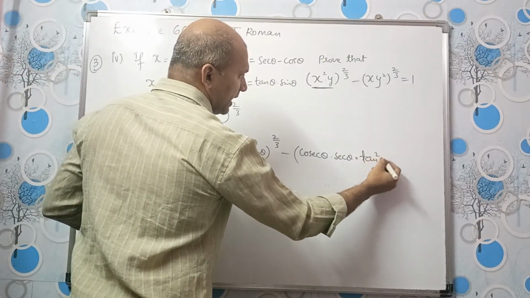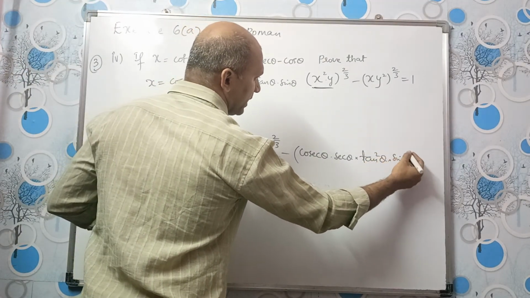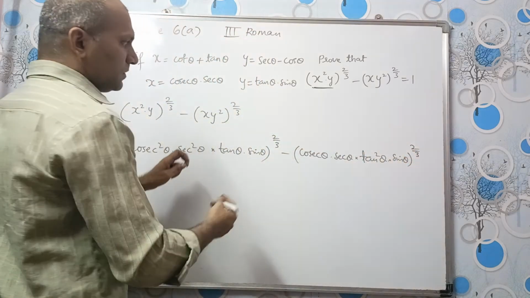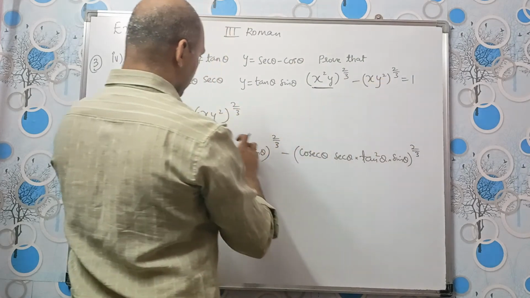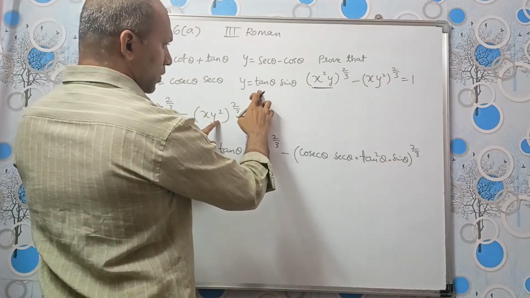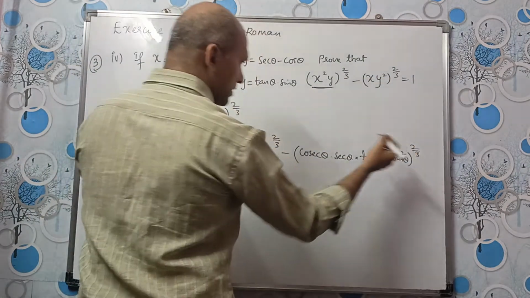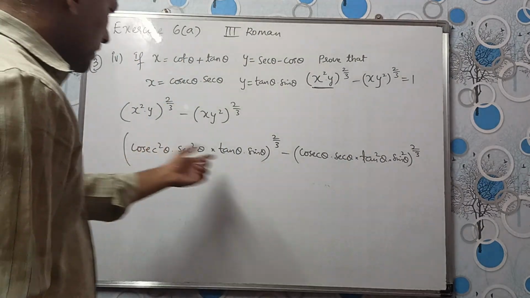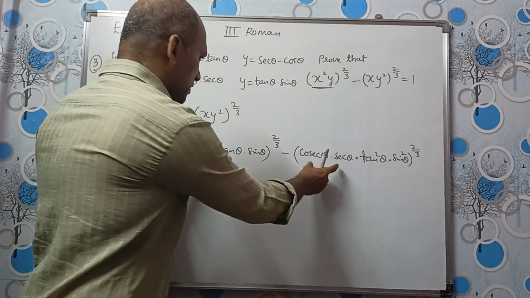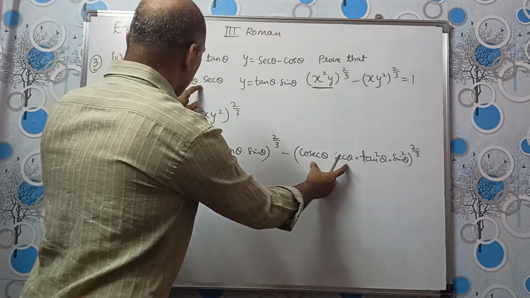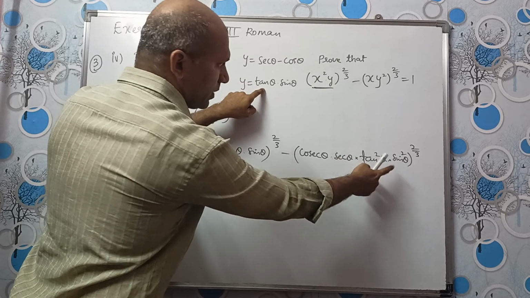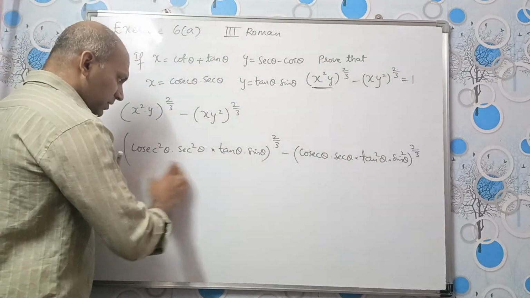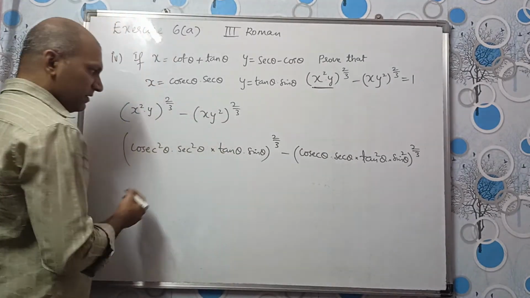Y square is tan square theta multiplied by sin square theta, power 2 by 3. Okay, correct now.